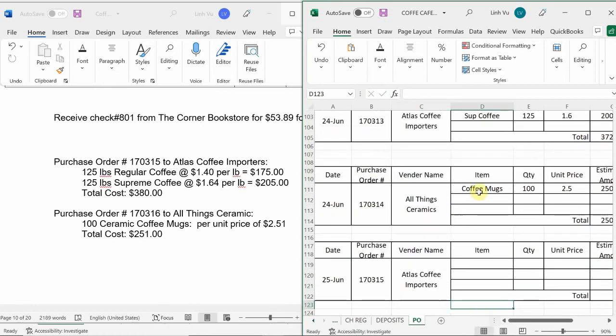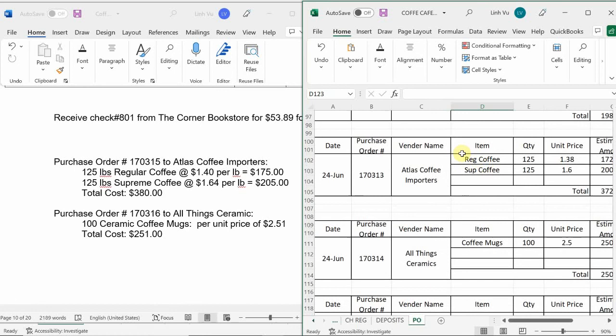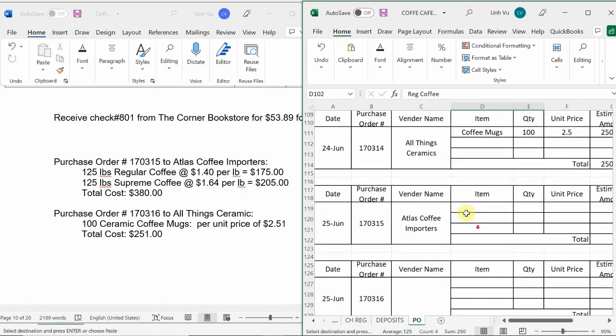What we want from Atlas Coffee is to purchase the regular and supreme coffee. 125 pounds.